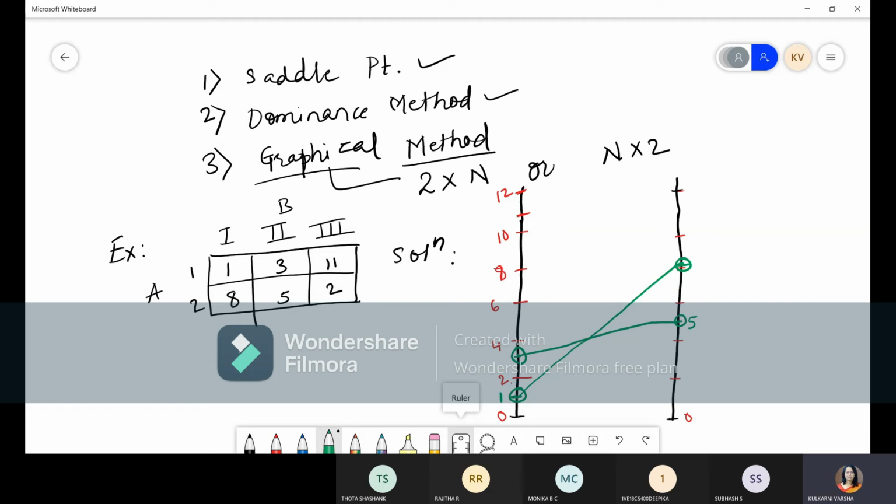Then we go for the next line, which is 11 here, and on this side it is 2. Then draw a line joining these 2 points. With proper scale, it will always be better.